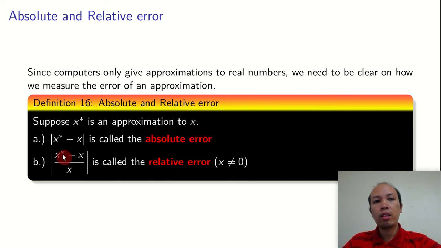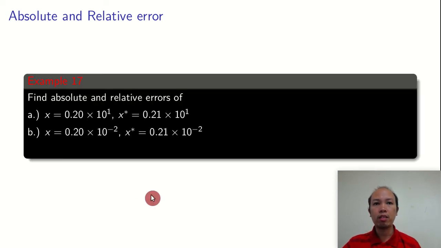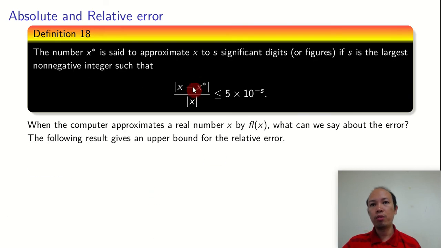Notice that x asterisk, the approximation, is in the first term, while the exact value is in the second term, and we write it as x minus x asterisk, which is very confusing.